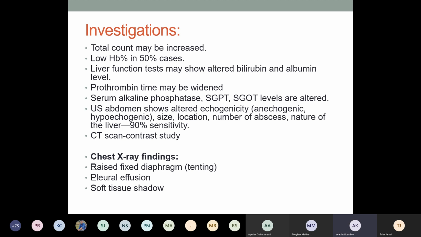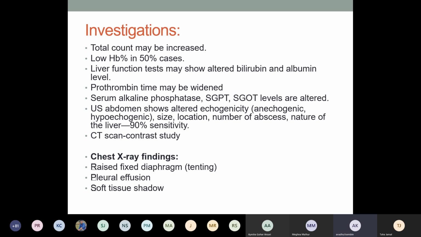Coming to the specialized investigations like USG abdomen, which shows altered echogenicity, especially anechoic or hypoechoic lesions in the parenchyma of the liver, and it can delineate size, location, number of abscess cavities, nature of the liver and its increased span, and this investigation is 90% sensitive.